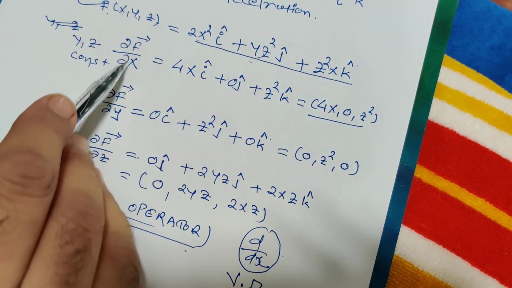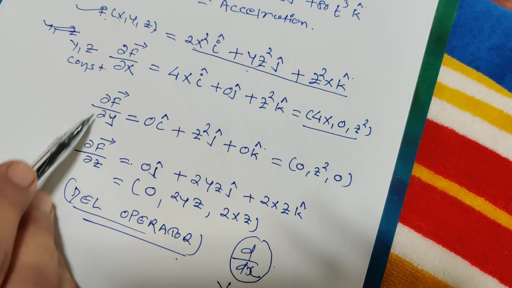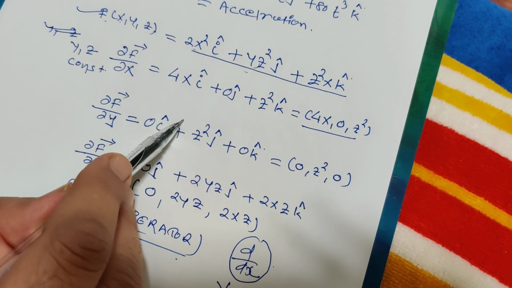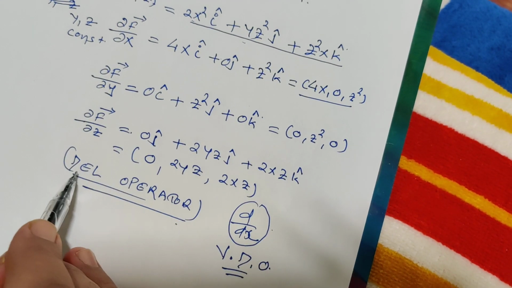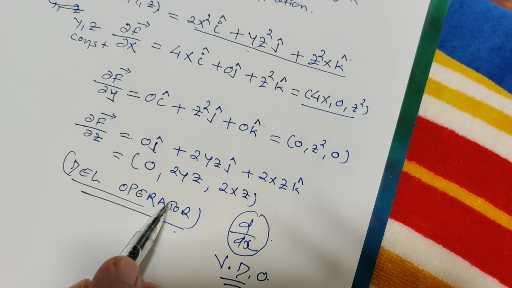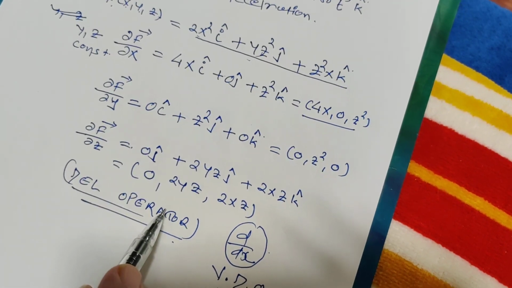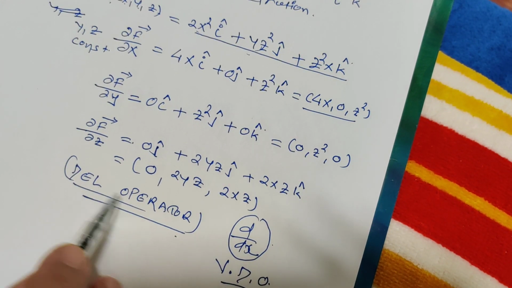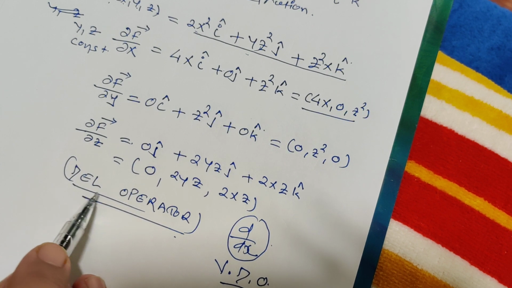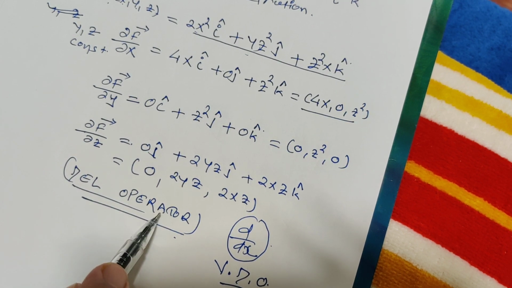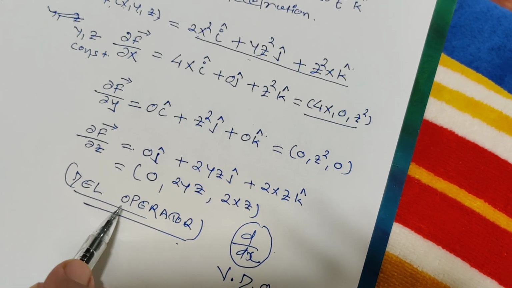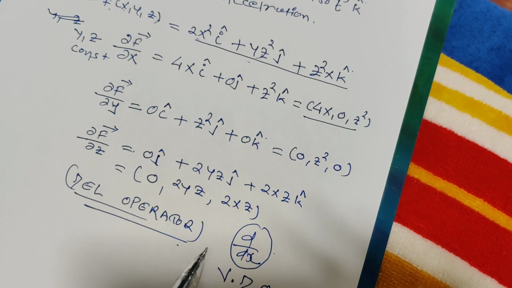And if you find the partial derivative with respect to x, y and z, and if you add these three quantities, then it generates the del operator, students. So in next lecture we'll start from the del operator, what are the applications of the del operator, and we'll see some examples based on the del operator, students.